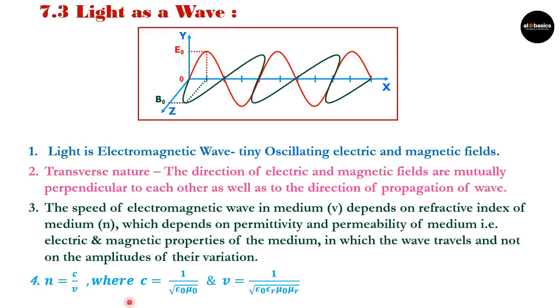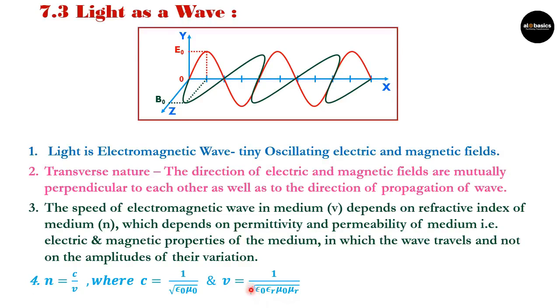And this V is given by 1 upon under root epsilon 0 epsilon r mu 0 mu r. We know what epsilon 0 mu 0 are. Epsilon r and mu r are the relative permittivity and permeability of the medium.